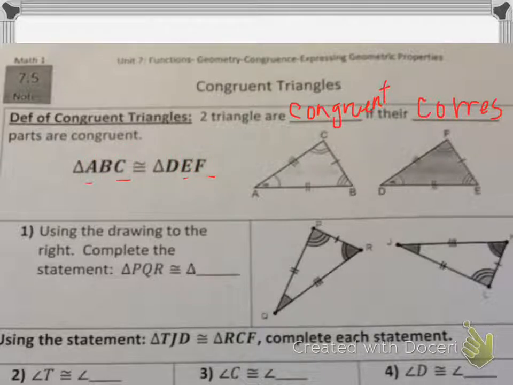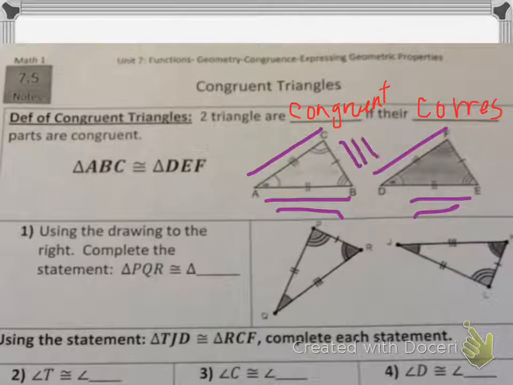Then we would have to also have sides that are congruent. So we'd also have to have this side congruent to this side, that side congruent to this side, and the third side congruent to the third side. When we have all the sides and all the angles congruent to each other, that's when we have congruent triangles.